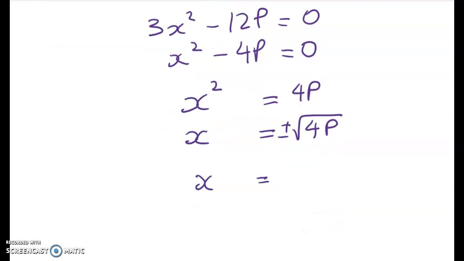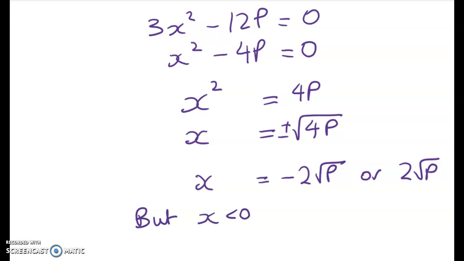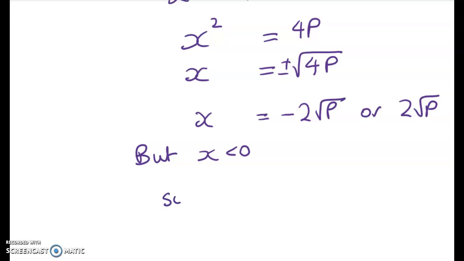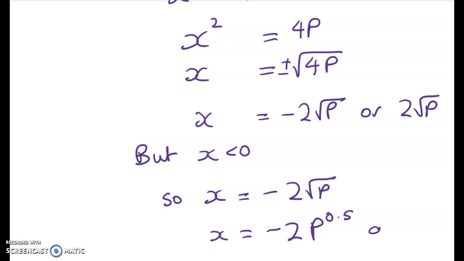So x is equal to negative 2 root p or 2 root p. But we know that x is negative, so we have x is equal to negative 2 root p, which is what we were asked to find, and we can rewrite that now as p to the power of 0.5, as required.